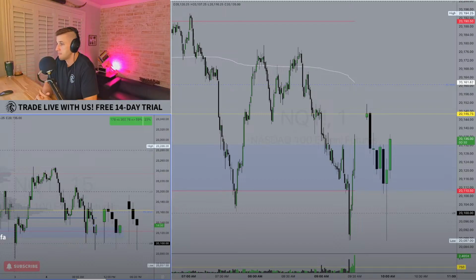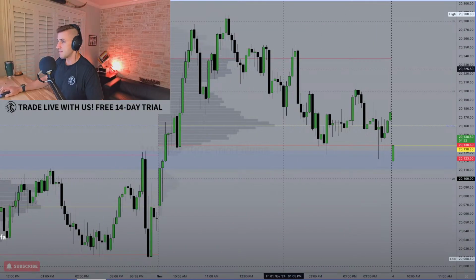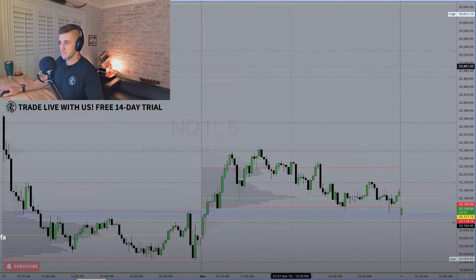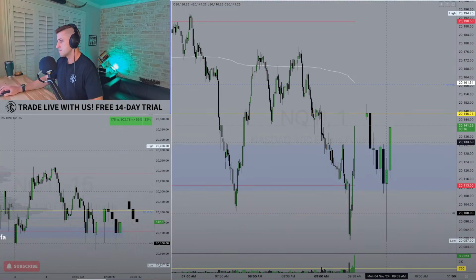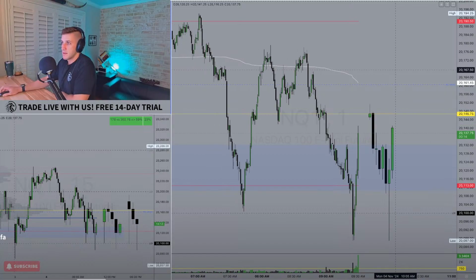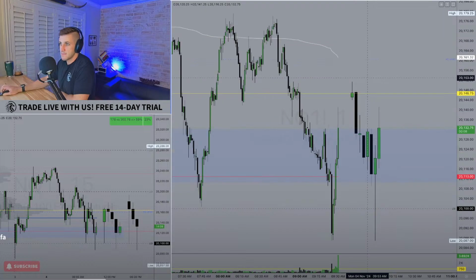Buyers stepping in a bit. No real gap this morning. Taking a look at that 5-minute regular trading hours chart. Session volume point of control right here at 150 area. That's for the overnight sesh.